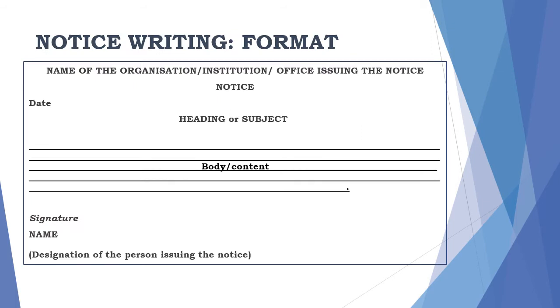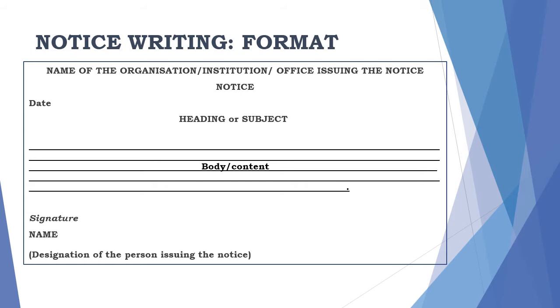As you can see, in the format of notice writing, the name of the organization or institution or office issuing the notice comes on the top center. After leaving a line, just below it comes the title notice. Both of these are written in block letters, meaning all capital letters.